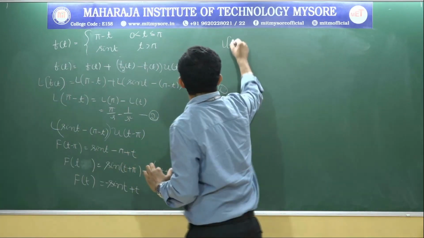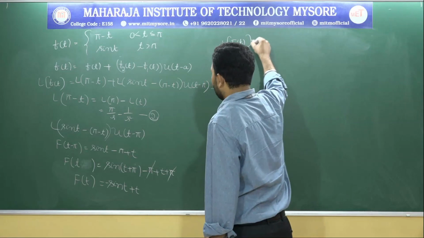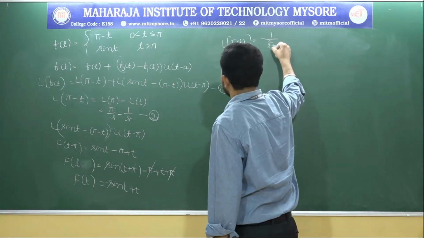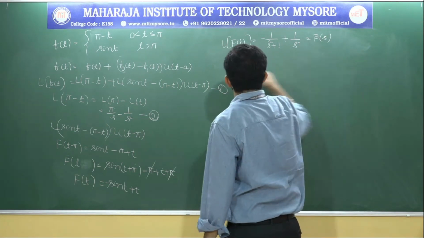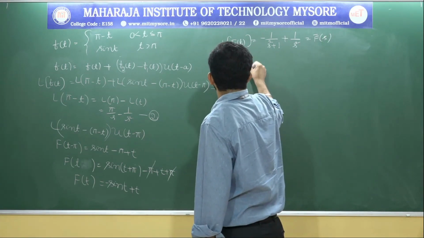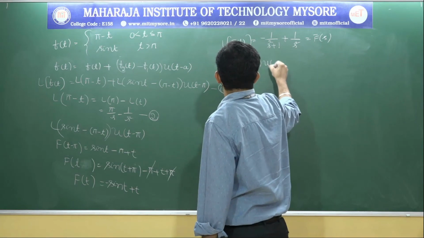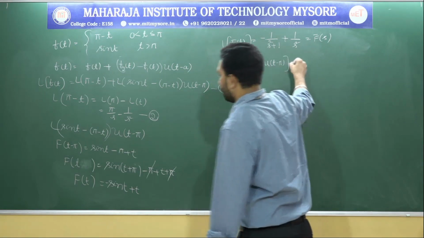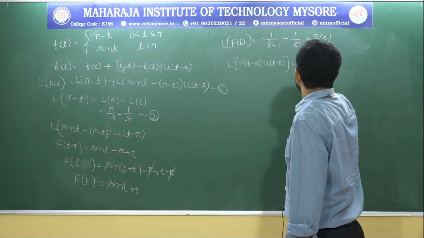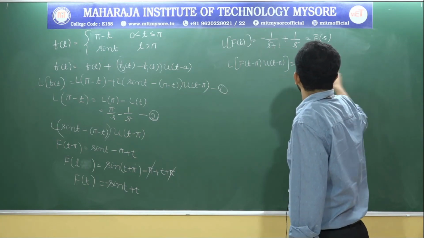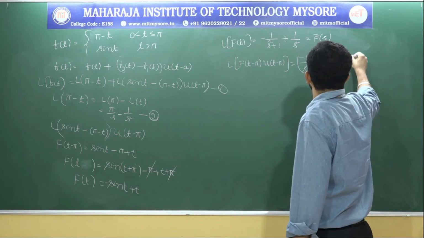Then Laplace of f of t is minus 1 over s square plus 1 plus 1 by s square. This is our f bar s. So the final result, Laplace of f(t minus pi) u(t minus pi), is nothing but (minus 1 over s square plus 1 plus 1 by s square) into e power minus pi s.